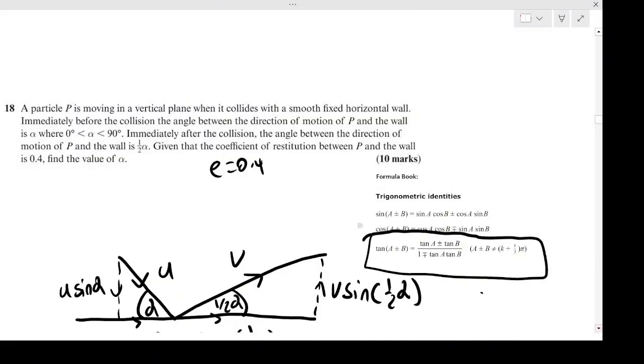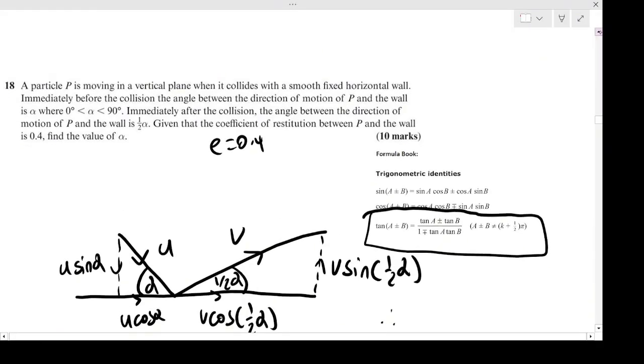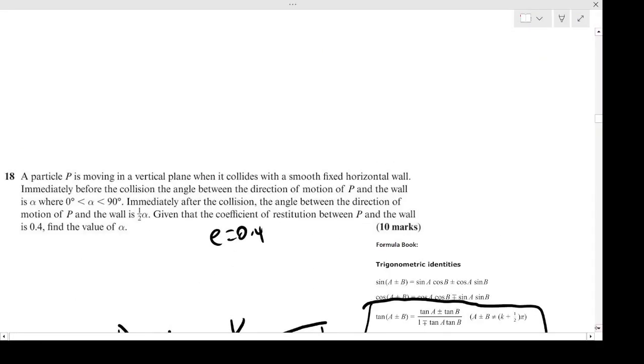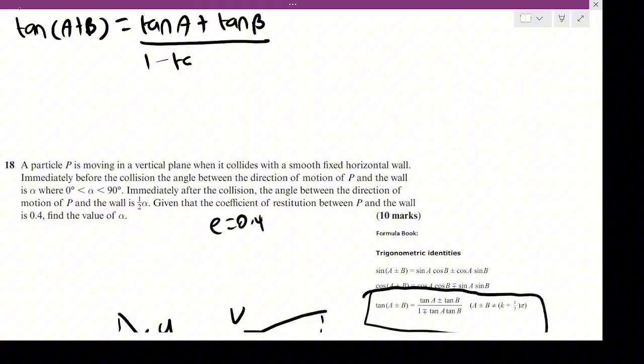So we can generate the double angle formula from the formula book. If tan of A plus B is tan A plus tan B over 1 minus tan A tan B, that is just quoting the formula book. Therefore we can derive the double angle formula quite quickly.